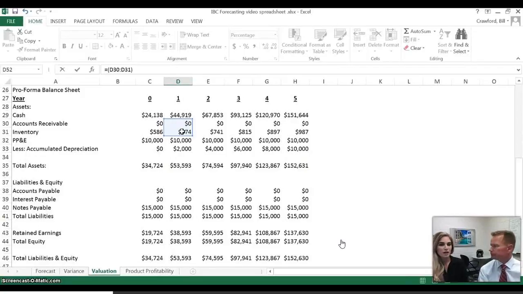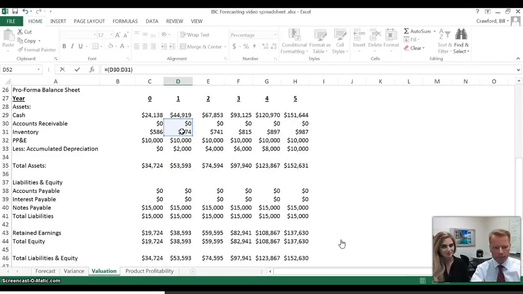You might need a little bit of cash, but this business isn't going to need $44,000, or in year 5, $151,000 in cash. It doesn't need that much, right? So we're just going to assume that we don't really need any cash for day to day, because that's such a small number, and we don't want to complicate things for you. So we're leaving cash out of our current assets, but that's a good catch, Alex.